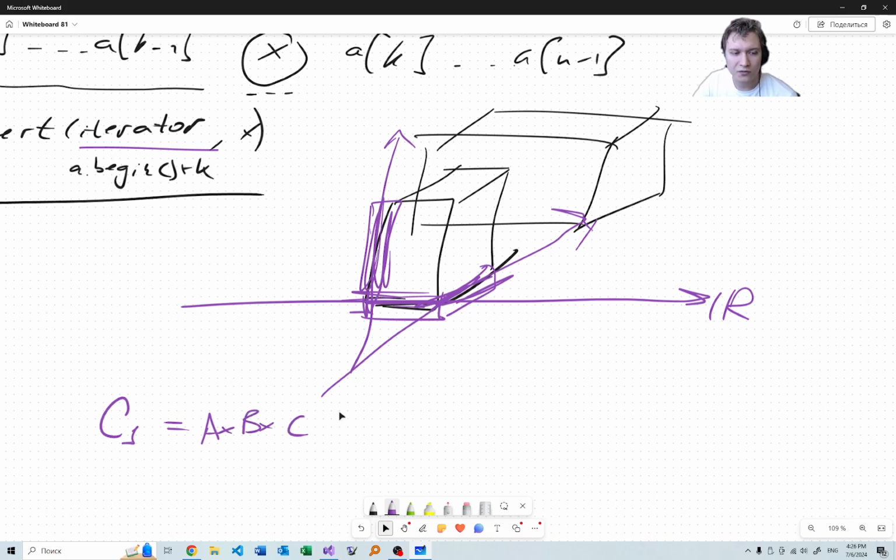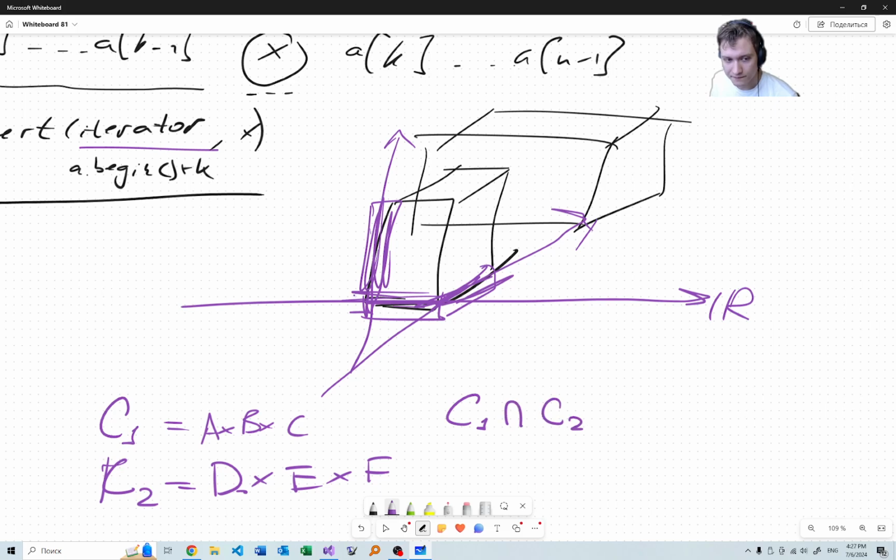And the other cuboid is also a Cartesian product of three different things. Well, in the case of Cartesian products, it's easy to calculate their intersection. It is simply the Cartesian product of intersections.